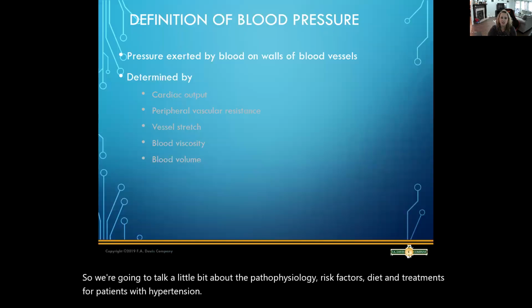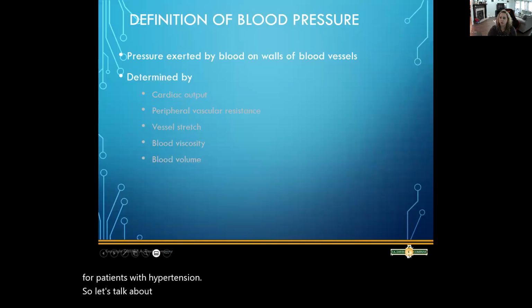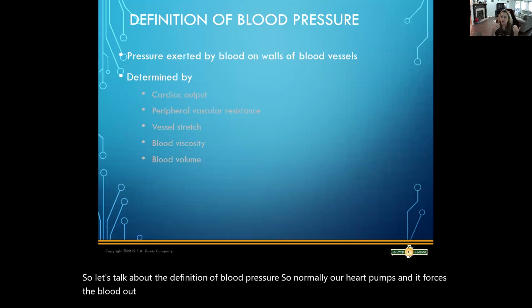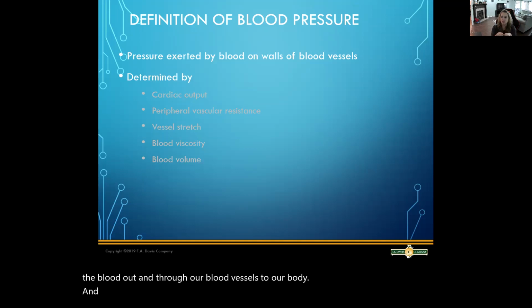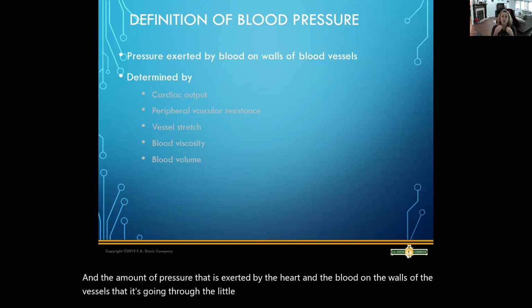So let's talk about the definition of blood pressure. Normally our heart pumps and forces the blood out through our blood vessels to our body. The amount of pressure that is exerted by the heart and the blood on the walls of the vessels it's going through is measured and is called blood pressure.